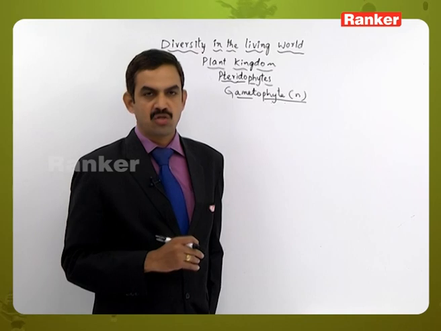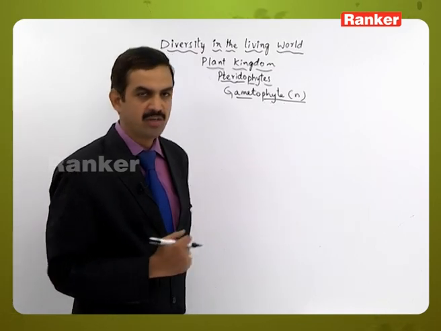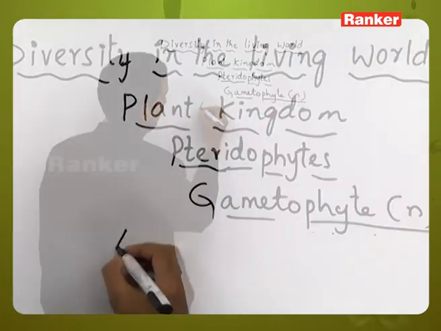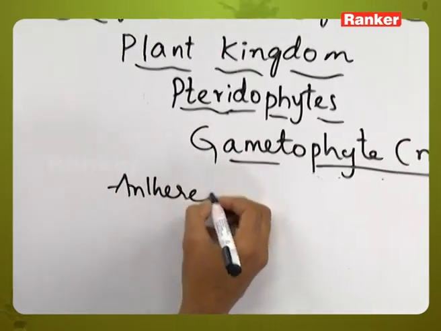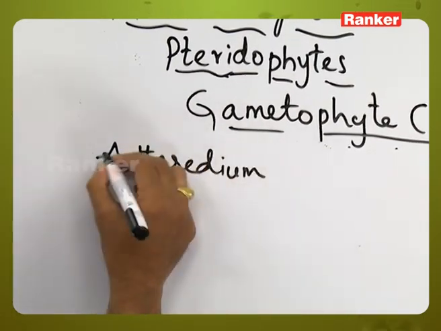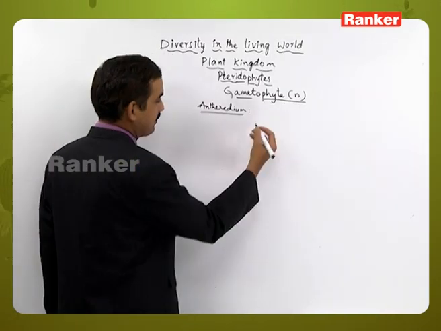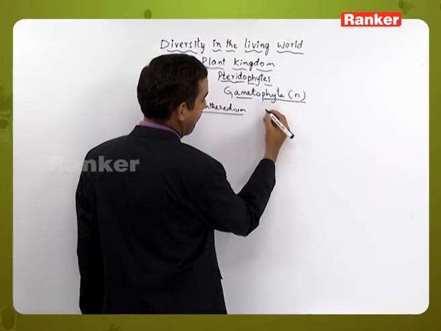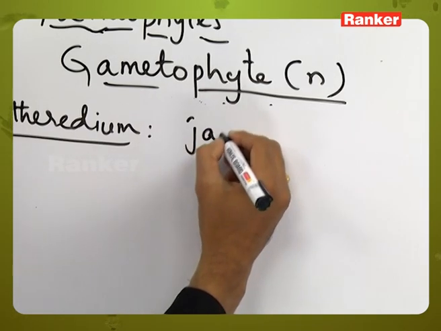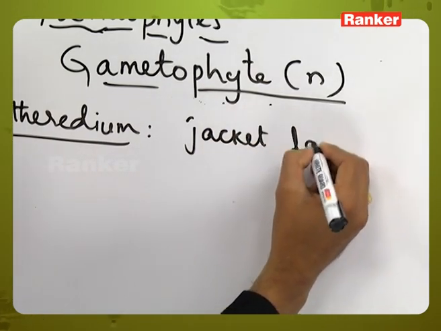Okay, let us see the structure of the antheridium and archegonium. Here the antheridium is a nearly spherical or club shaped structure which is surrounded with a jacket layer.